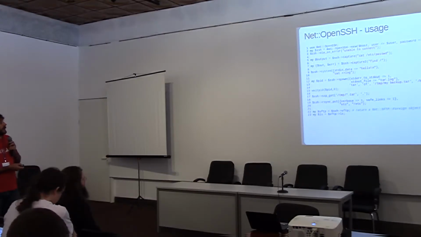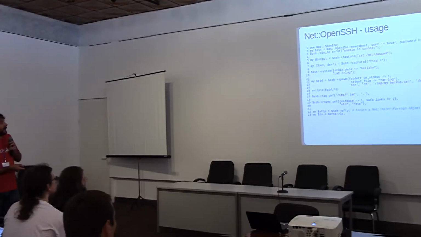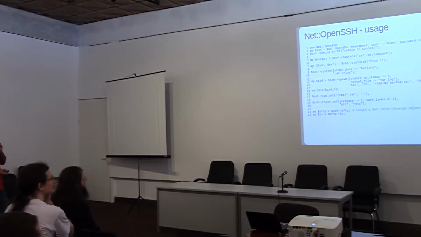Spawn starts the command in the background, you get the PID, and you can use it like another program's PID and wait for it and things like that. It has support for SCP, it's very easy. For rsync also, so you can rsync between your local and remote machine.